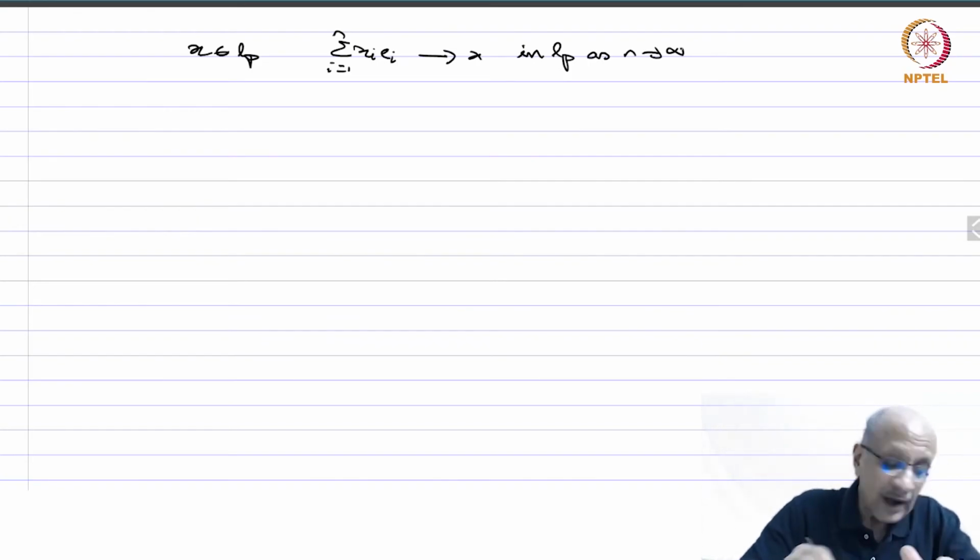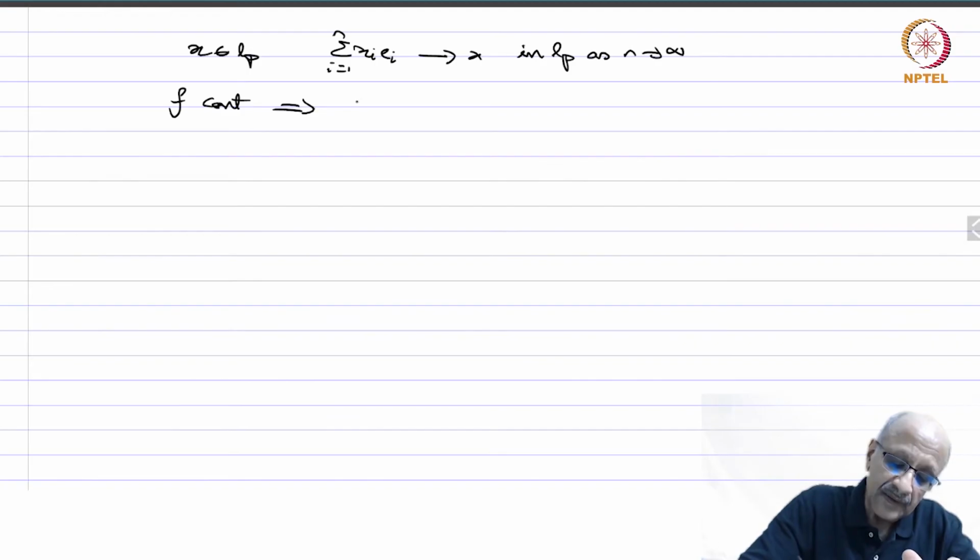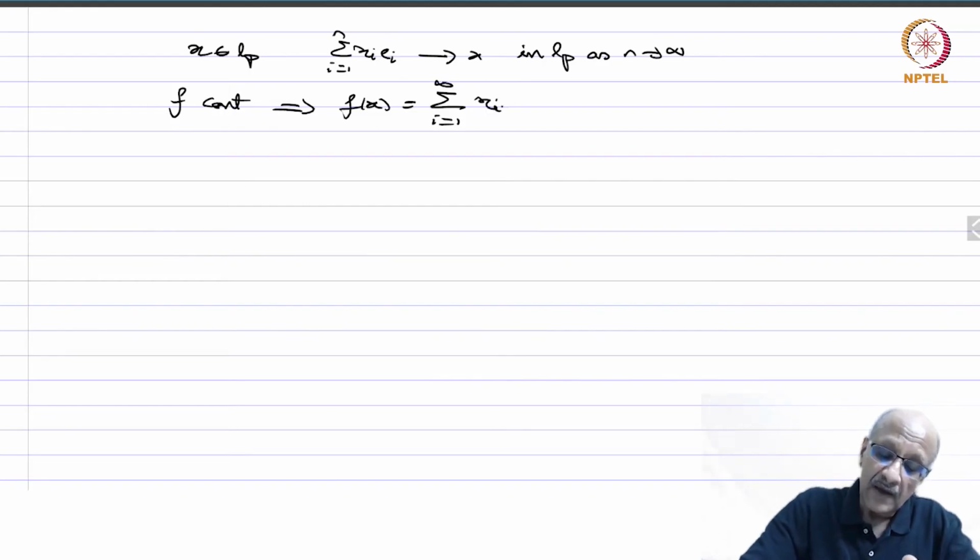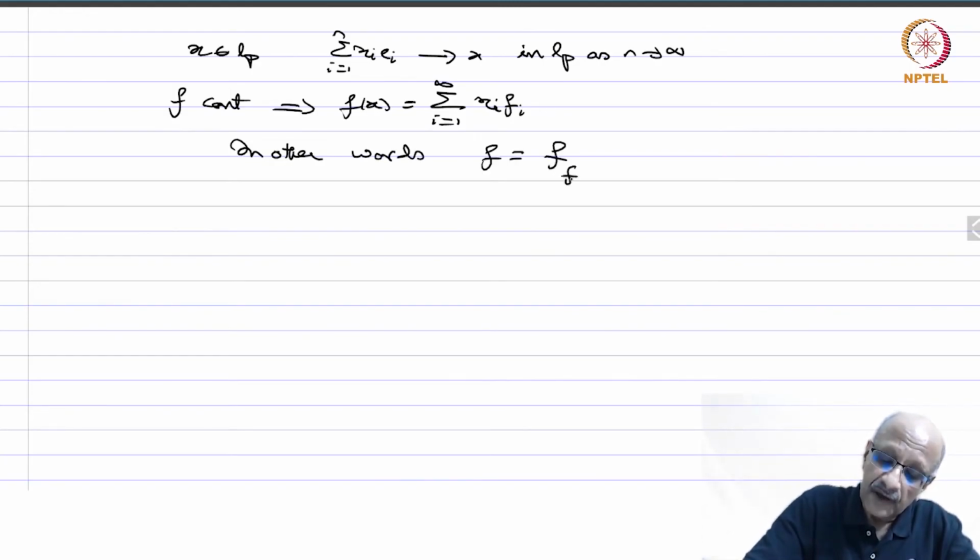Therefore, because f is continuous, f of x equals the sum over i equals 1 to infinity of xi fi. In other words, f is nothing but f bar.